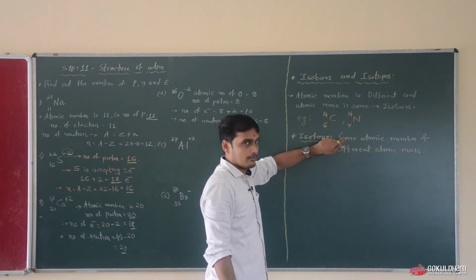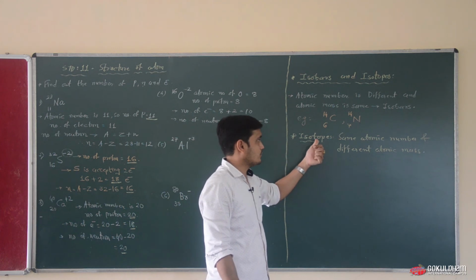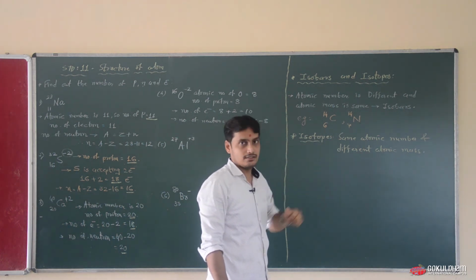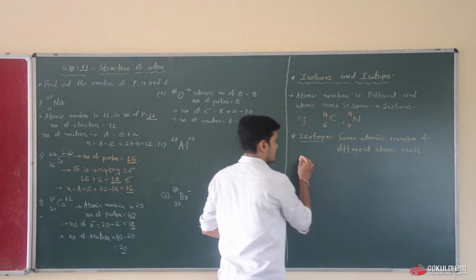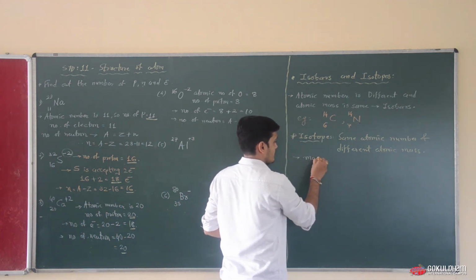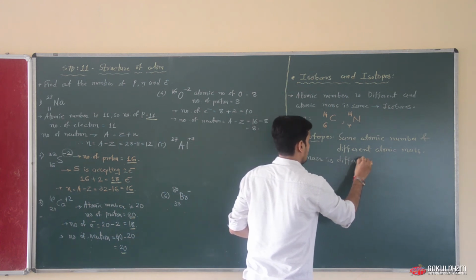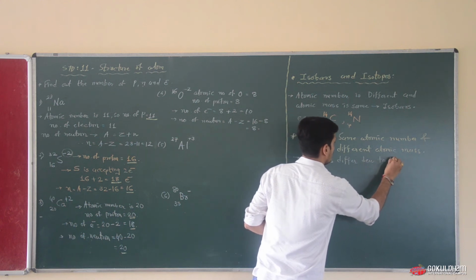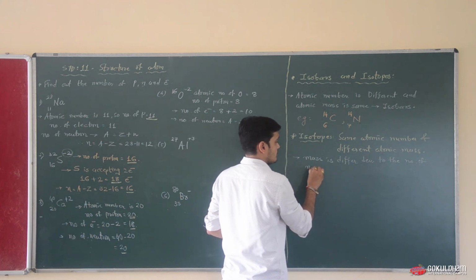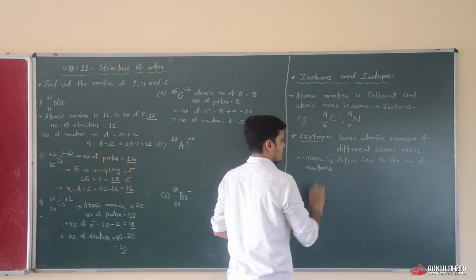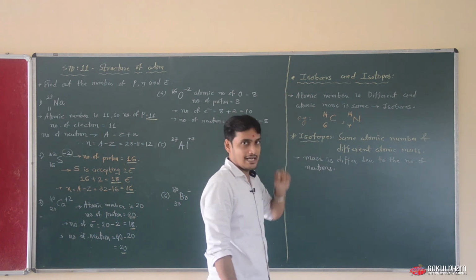Same atomic number means the element is continuously same throughout the isotopes, but atomic mass is different. Why this atomic mass is different? So we can say that mass differs due to the number of neutrons. The number of neutrons is different in every isotope.